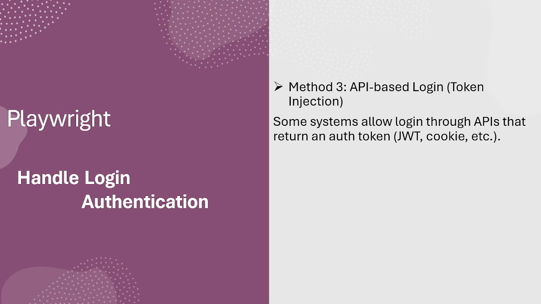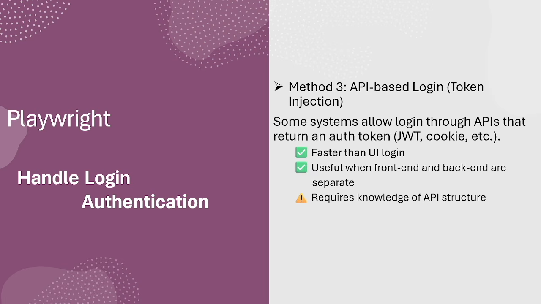Method 3: API-based login with token injection. Some systems allow login through APIs that return an OAuth token. It is faster than UI login and useful when front end and back end are separate, but requires knowledge of the API structure.